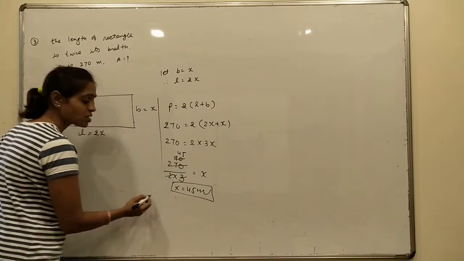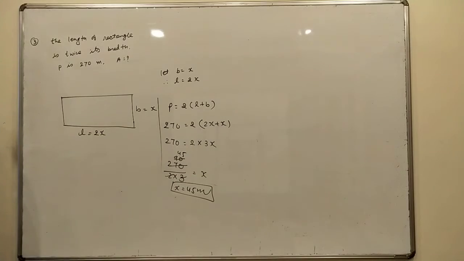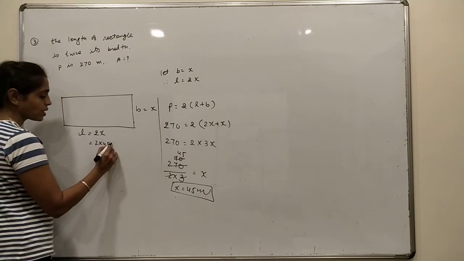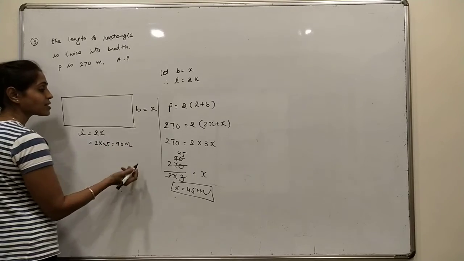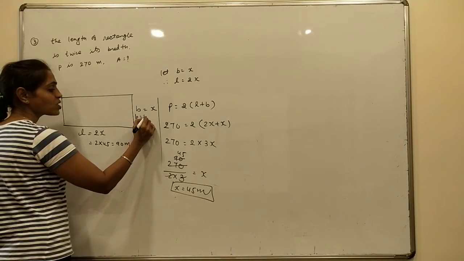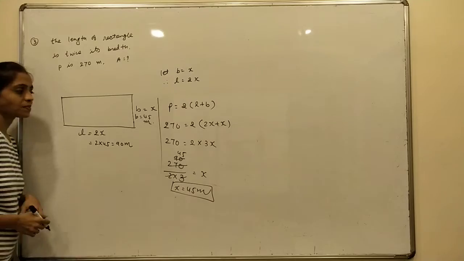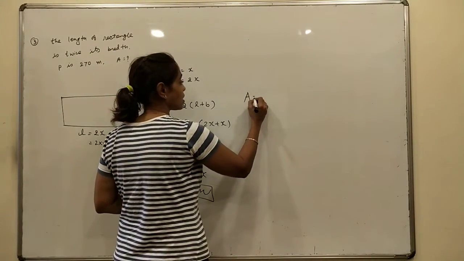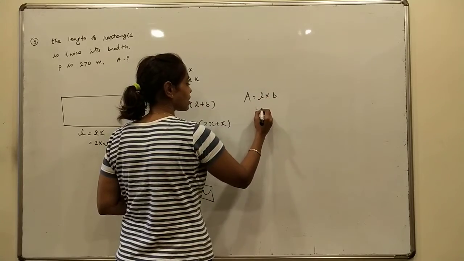x is 45 meter. So we can find the dimensions. Length is 2 into 45, so 90 meter. Length is 90 and breadth x is 45 meter. Right. Now the area of rectangle equals length into breadth.